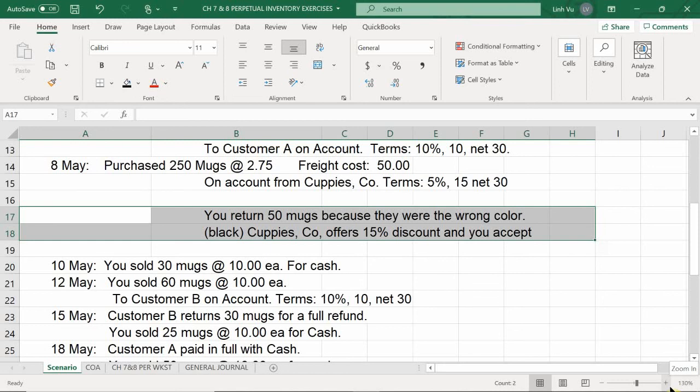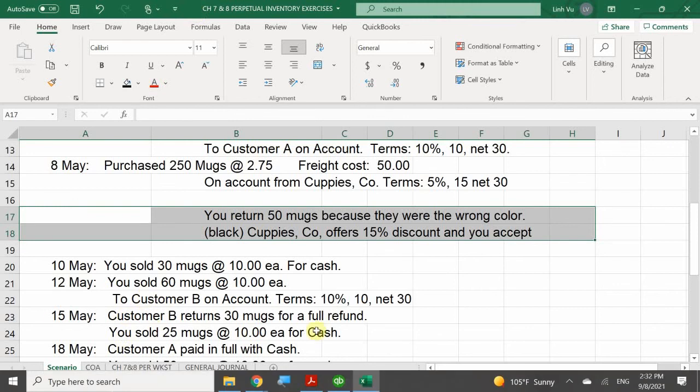So we can use that on our items on our account. So how do we represent this 15% discount, even though the items were just the wrong color? How do we journalize this?